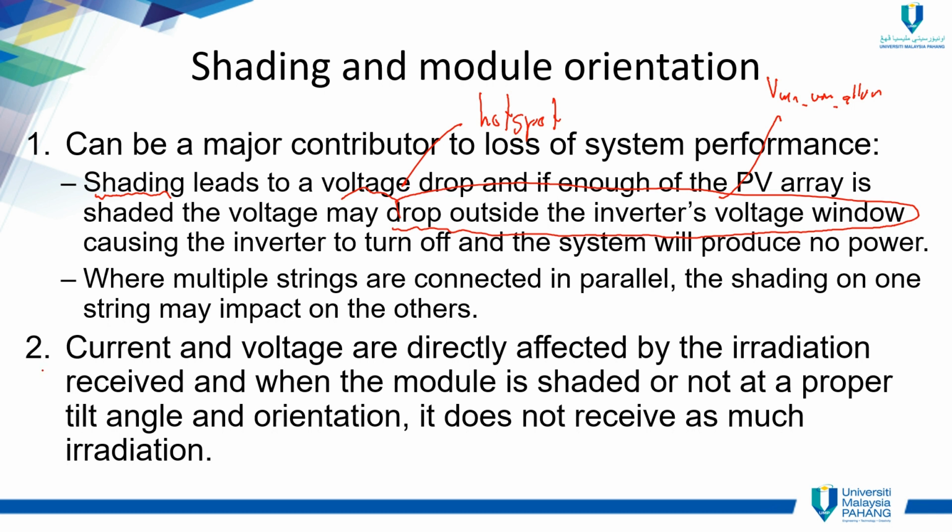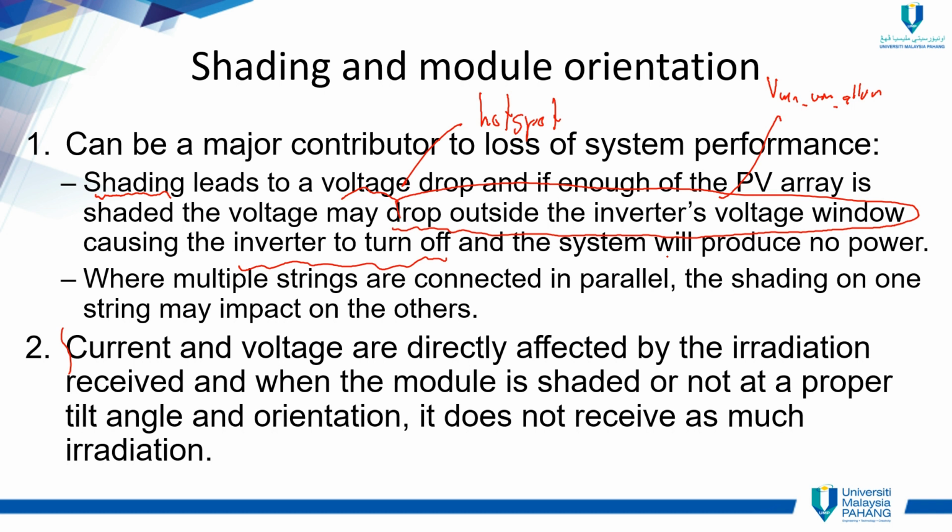It will cause the inverter to turn off and the system will produce no power. Faham kenapa the hotspot affects the output of the power that we supply to the TMB? It's all about the voltage dropping, so it doesn't meet the minimum requirement of the window voltage of the inverter.